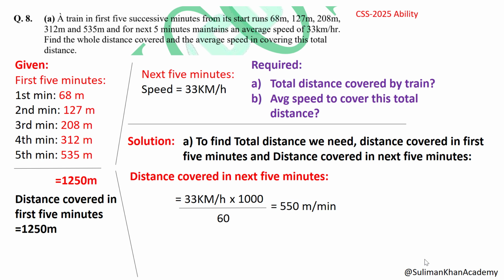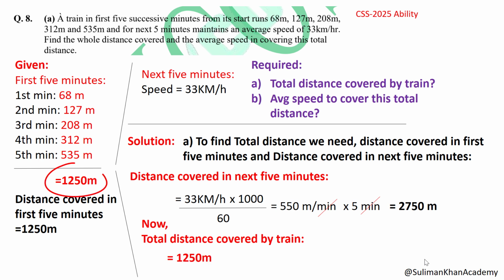This speed is per minute, and we have 5 minutes, so we multiply this by 5. Now the minutes cancel each other, and of course we have the distance, which is 2750 meters.